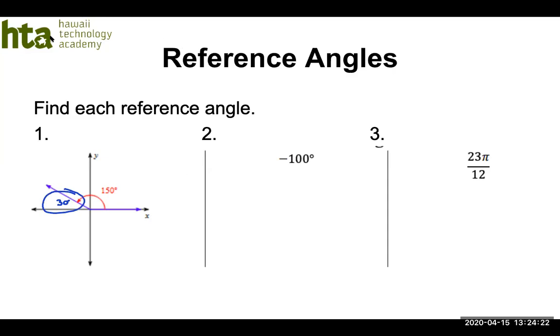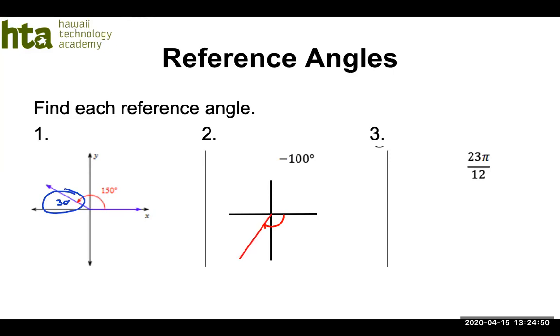All right, what about negative 100 degrees? Let's start off by drawing this. Let's get a visual here. So there's our coordinate plane. Let's get a negative 100 degrees. So we're going negative 90 and 10 more degrees would be about right there. So that would make our angle measure right about there.